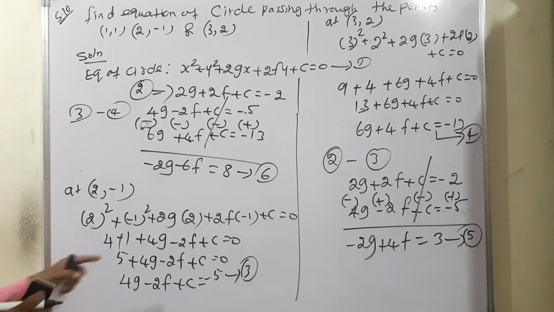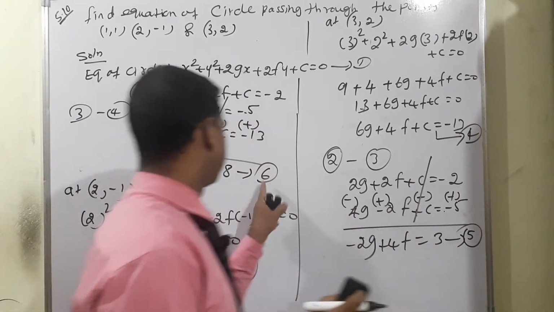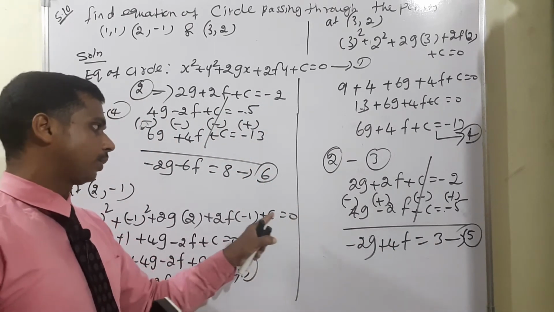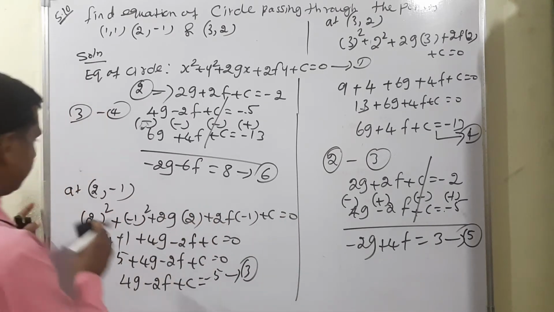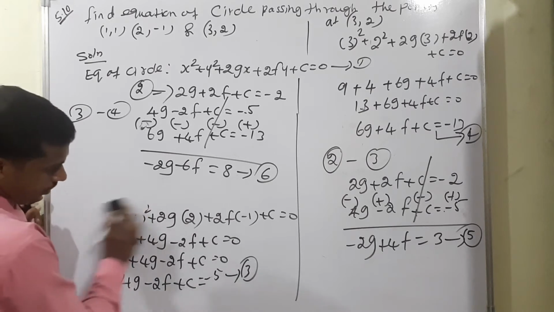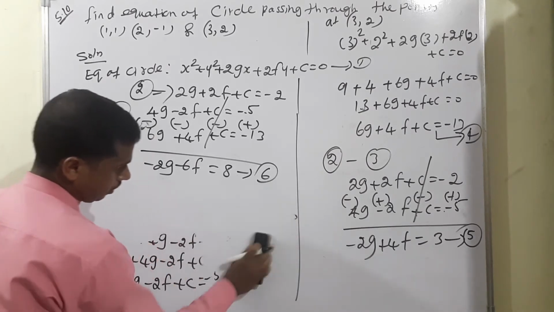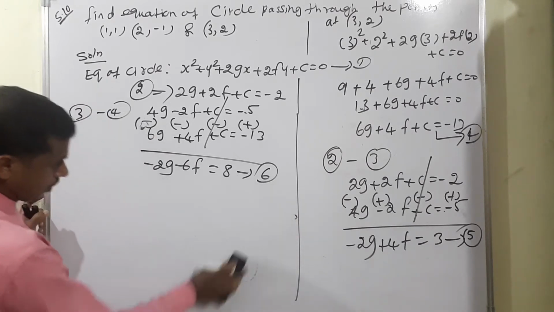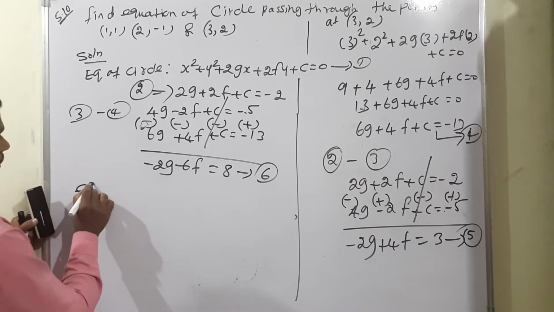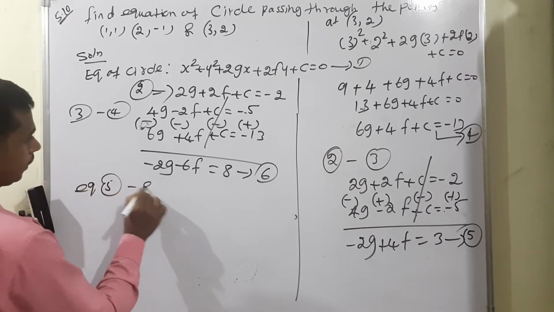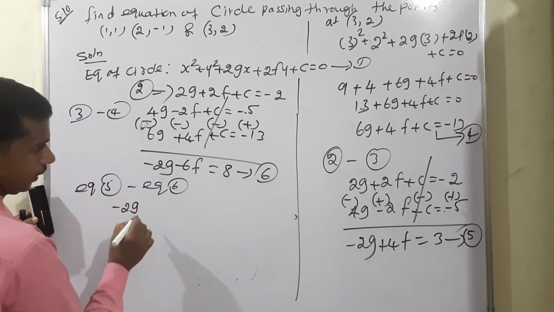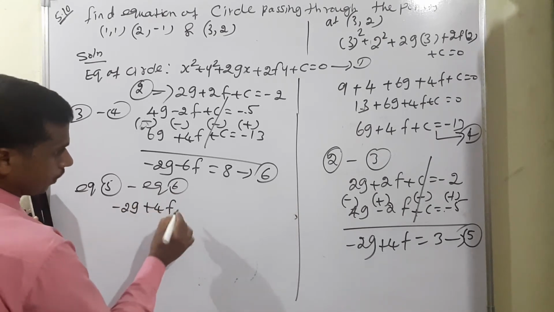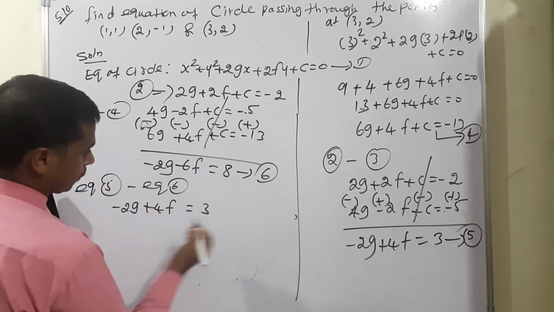So now we have to apply again equation 5 minus equation 6. Equation 5 minus equation 6 means we will get one answer, whether g or f. We can check it. Equation 5: minus 2g plus 4f is equal to positive 3.